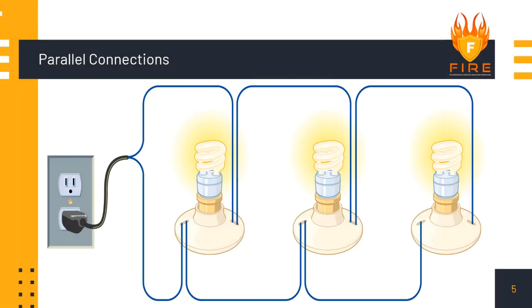Now as you can see in the parallel connection diagram, we have two terminals in our power switches at our home. One is positive and one is negative, and that positive wire is called the live wire and the negative wire is also called the neutral wire in our household electrical system, right?